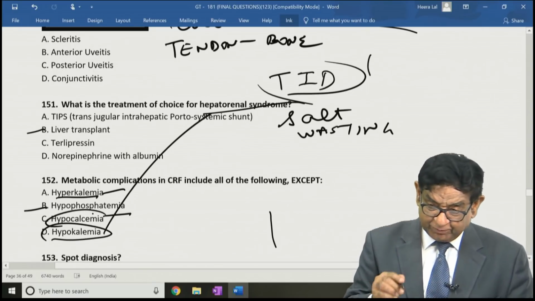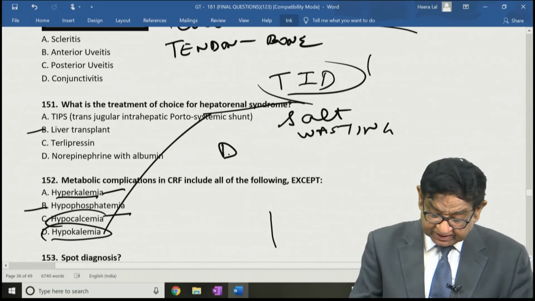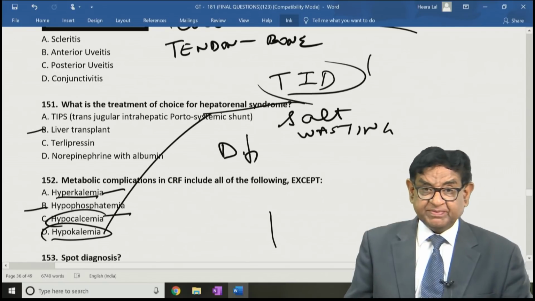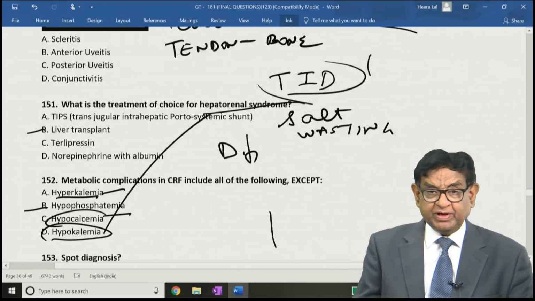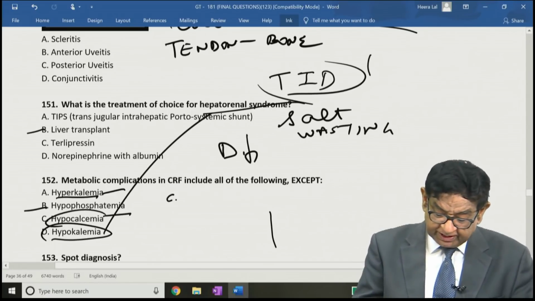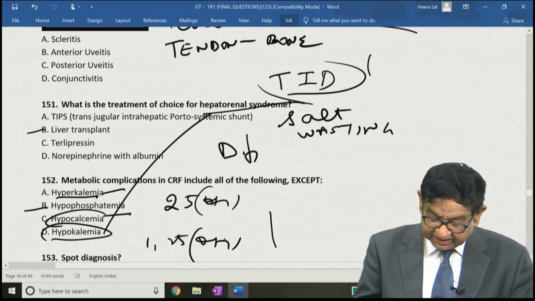Why hypocalcemia? Because in these cases, vitamin D deficiency occurs. Why vitamin D deficiency? Again, we learn the basic concept. We all know very well that in vitamin D synthesis, 25 hydroxylation occurs in the liver, and 1 alpha hydroxylation occurs in the kidneys.